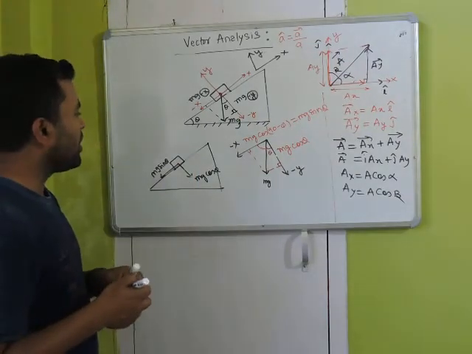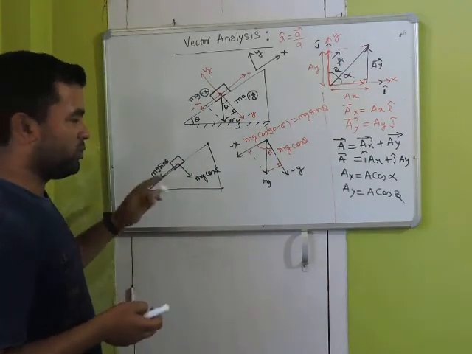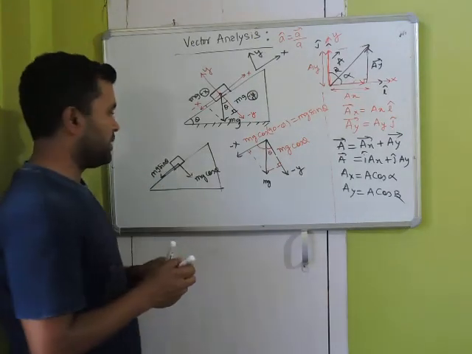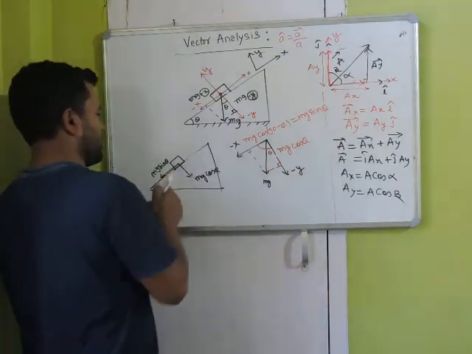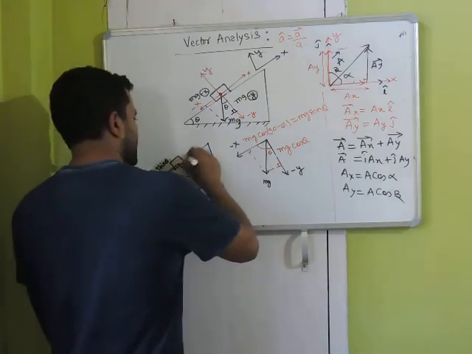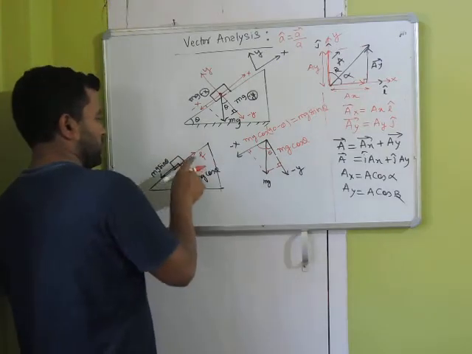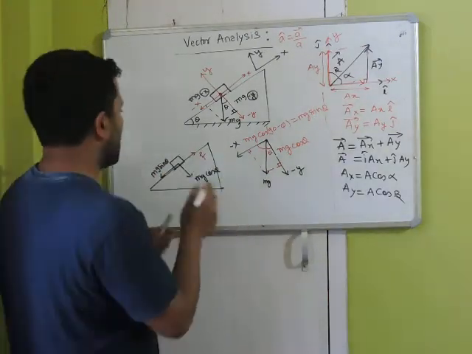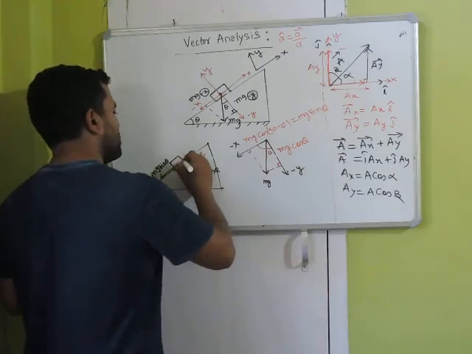Now you all can ask why it's not falling down, right? Suppose it's stationary, then you know that friction opposes the motion, right? So friction is acting in this direction, and contact force, since it is in contact with the surface, acts perpendicular to the contact surface.